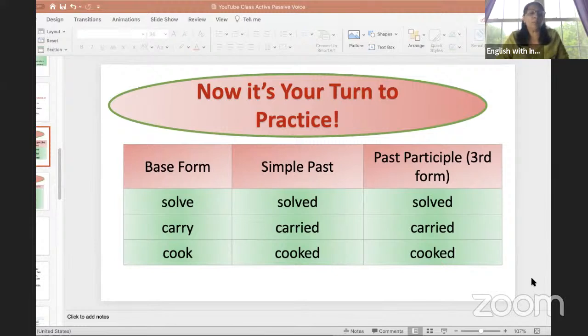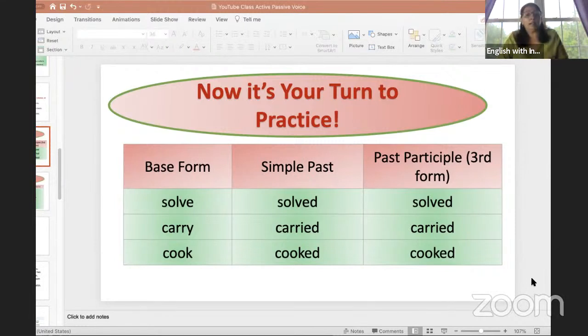So now, one more thing. When you use it in the simple past or past participle, sometimes your pronunciation changes, especially with the -ed forms. For example, sometimes students pronounce this word like solve, and then when they use it in the simple past or past participle, they say solved, right?